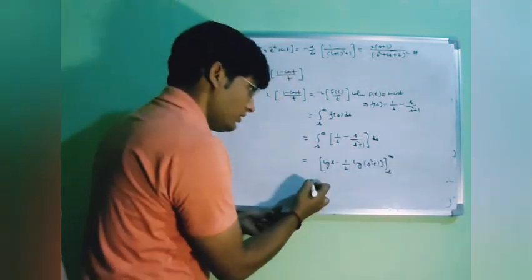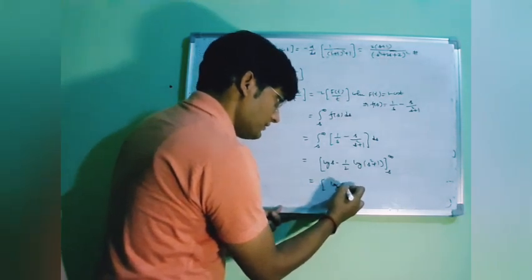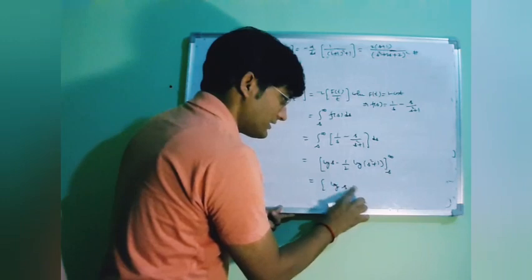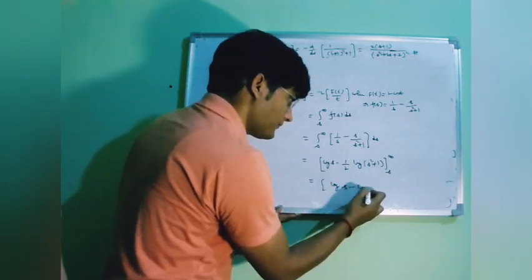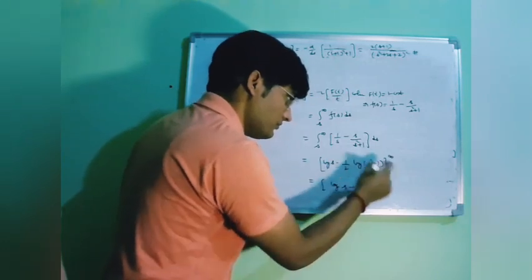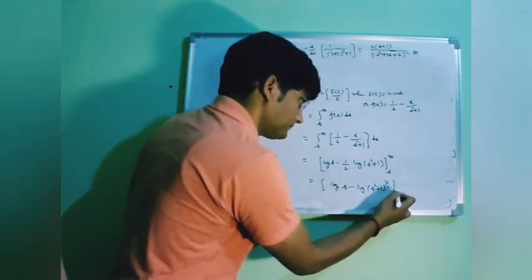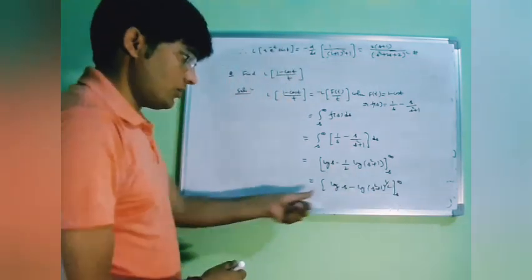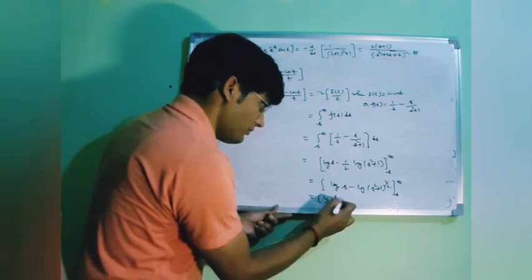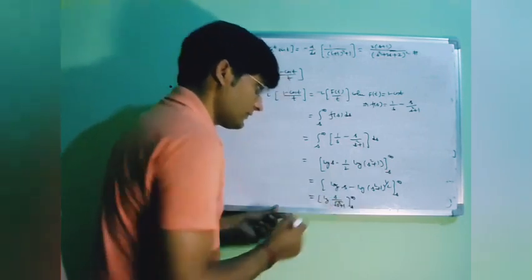So we can also write it as log s minus, you can take this term in the power, so it will be like this. Now log a minus log b will be log a upon b, so log of s upon root s square plus 1, and the limits from s to infinity.